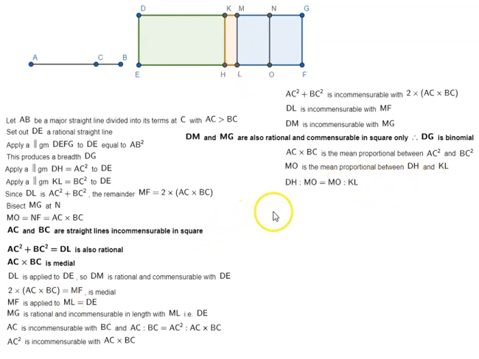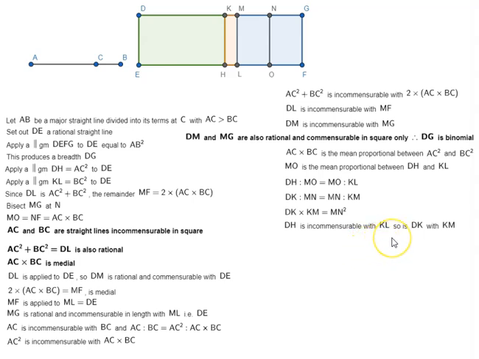So we can write it as DH is to MO is equal to MO is to KL, and DK is to MN, sides of DH and MO, is equal to MN is to KM, again sides of MO and KL. So this can be written as DK by KM is equal to MN square.